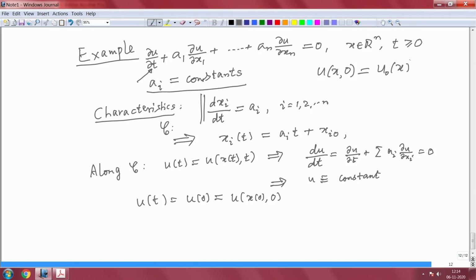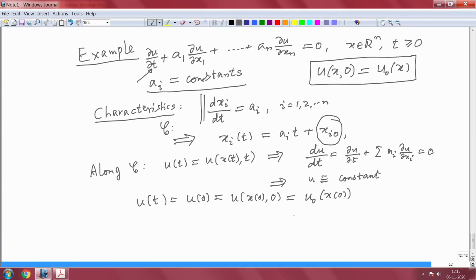So, u 0 is a given function and t equal to 0 is non characteristic, and if you use that initial condition, and these are the initial conditions at x i 0, these are all x i 0.